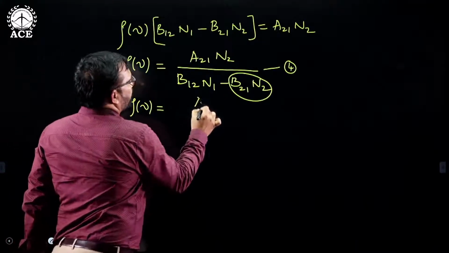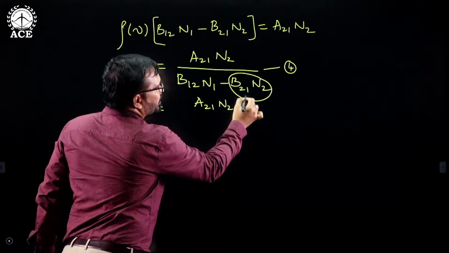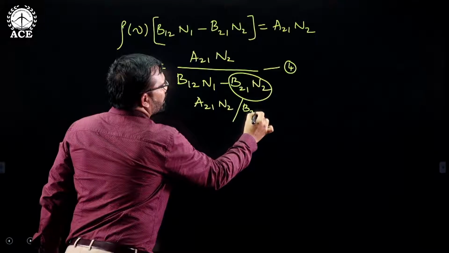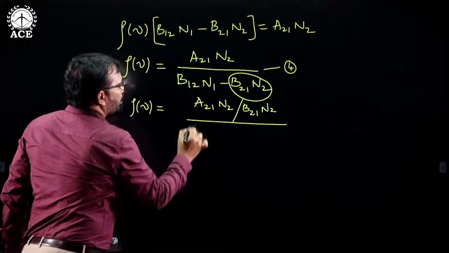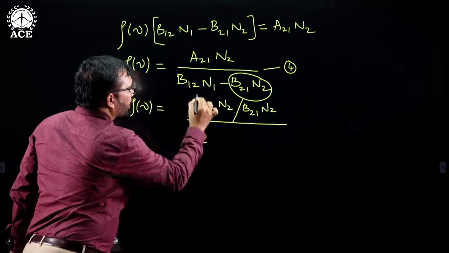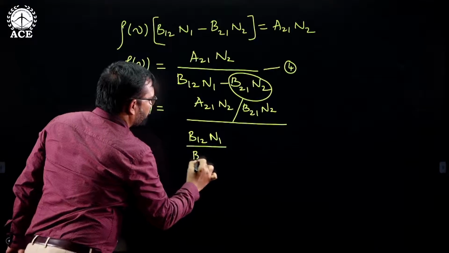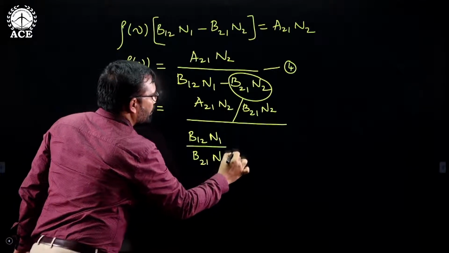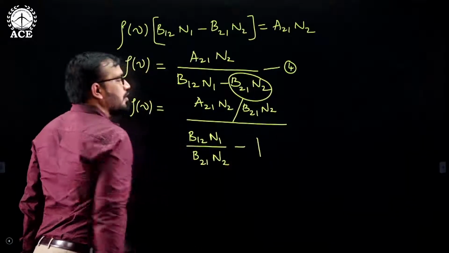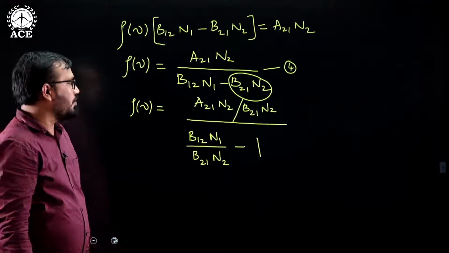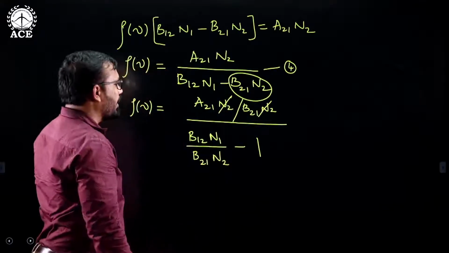When I divide A21 N2 by B21 N2, you get 1 only, so N2 and N2 cancel.